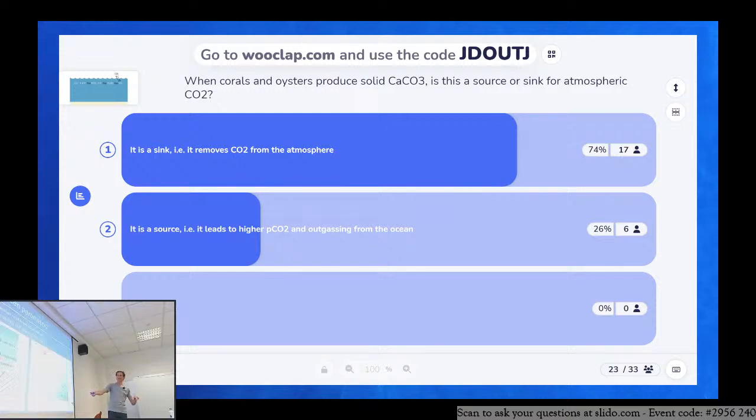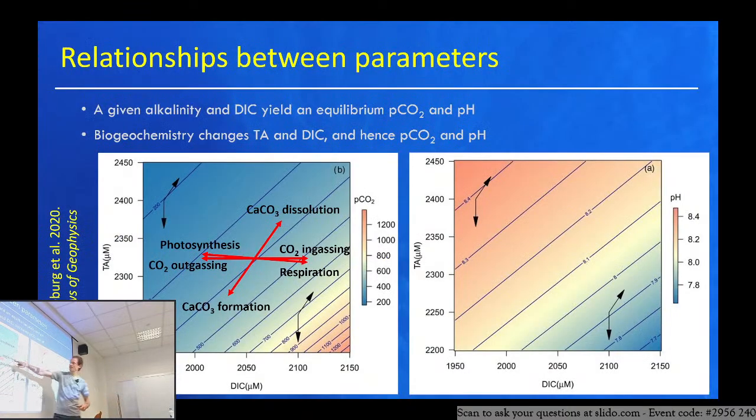But if I go back a slide, we can see that removing calcium carbonate is on the one hand removing DIC, so yes, the carbon concentration goes down, but you're also greatly removing alkalinity. And you need to remember that the PCO2 of the water and the pH of the water is set by the combination of those two. So if you remove DIC, but you also remove a lot of alkalinity, the remaining DIC will be pushed more towards the CO2.